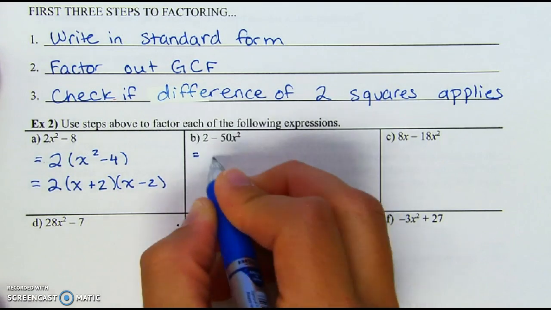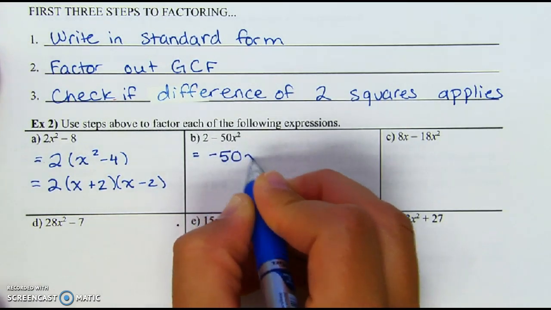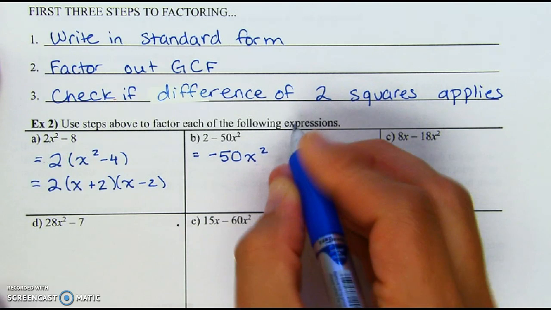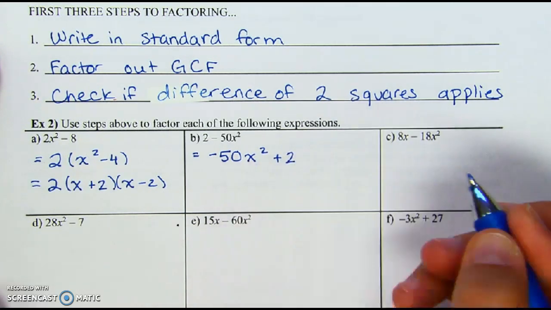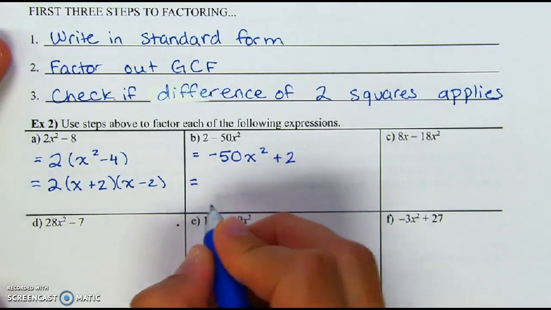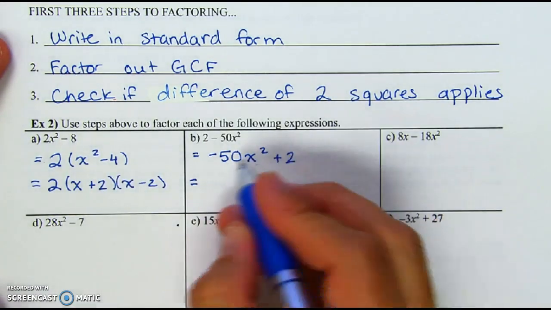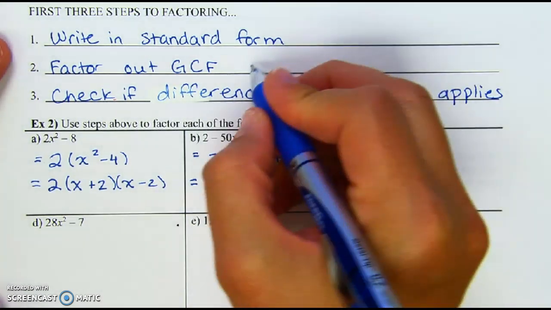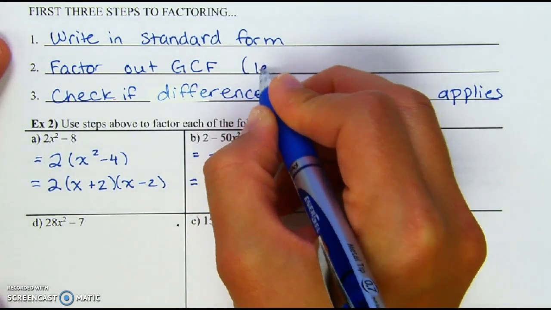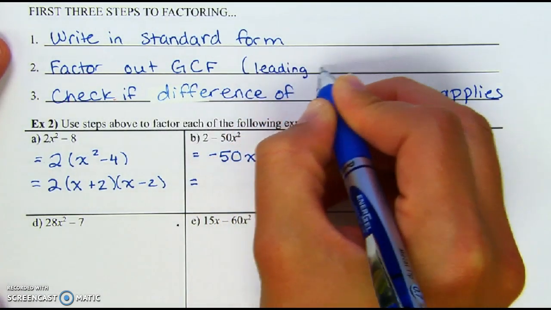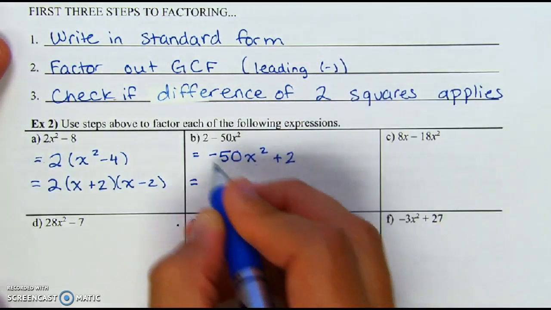Is this in standard form? Nope. We're going to rewrite with the highest power coming first, and then that'll be a plus 2. So write in standard form. Is there a greatest common factor? Just a 2, but remember, don't forget the leading negative. Do we have a negative in front?